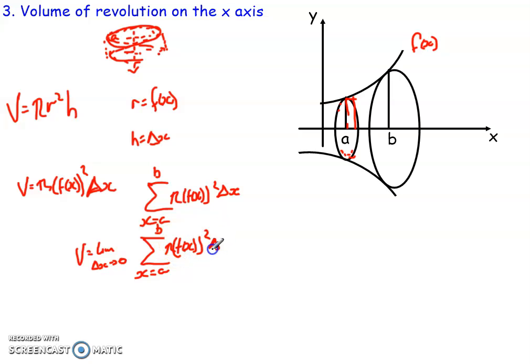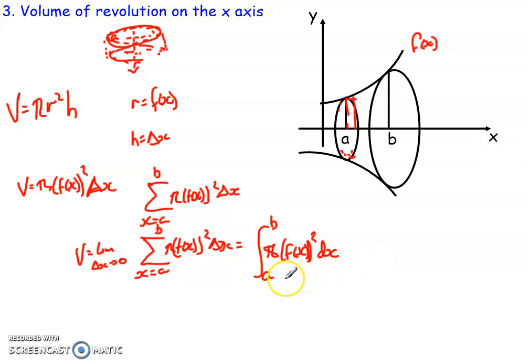all squared delta x. Now this here is the equivalent formula of an integral. So this is the same as calculating the integral from a to b of pi times f of x squared dx.